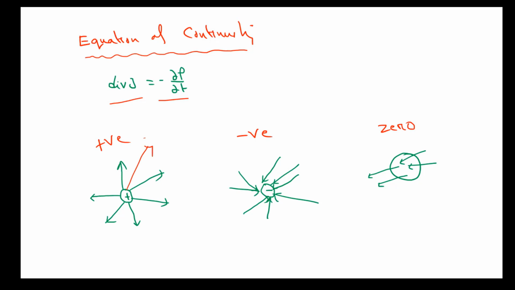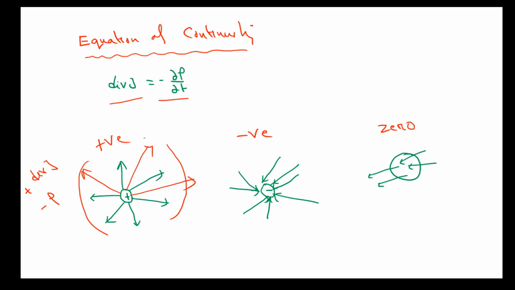If it is outwards, the volume increases. So when the volume increases, the density decreases. So for positive divergence, my density is getting decreased.